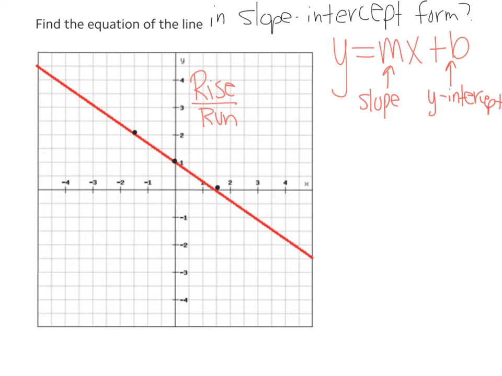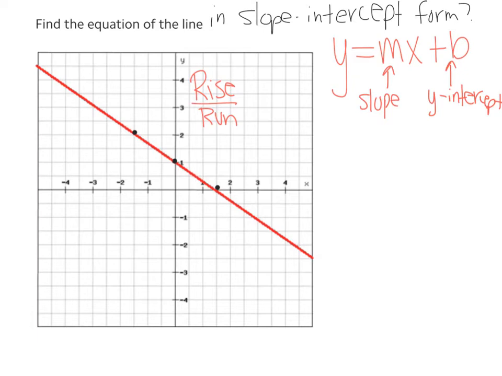We don't want a point like, just, for example, like here. This point would have to be something that we estimated. It looks like it's at maybe 2.6 and then down negative 0.75. We don't want to have to guess, okay? We want something that's right on the line. Something that's right on the crosshairs that you can tell exactly where it is, okay? So that's why I'm picking the points that I'm choosing.